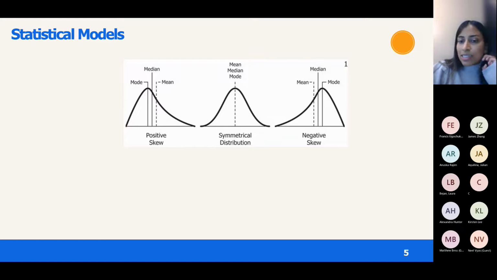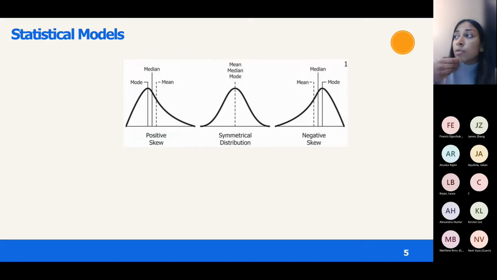Now if we talk about statistical models, there's a few different types. There's parametric or normally distributed data, and that is when data is distributed around a mean, and the data can be skewed towards a positive skew or a negative skew. So in positively skewed data, the mode and the median are less than the mean.